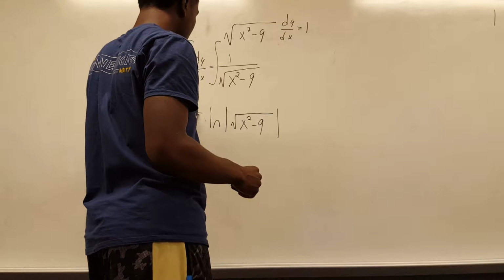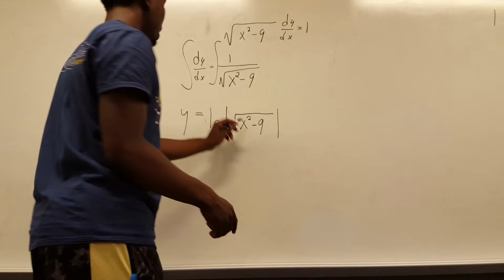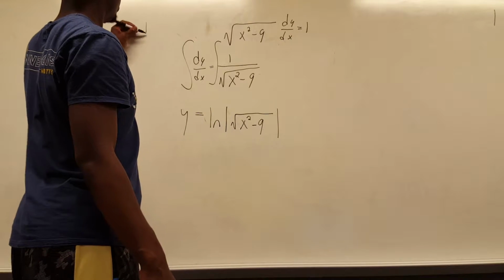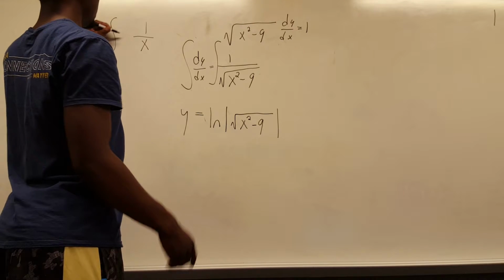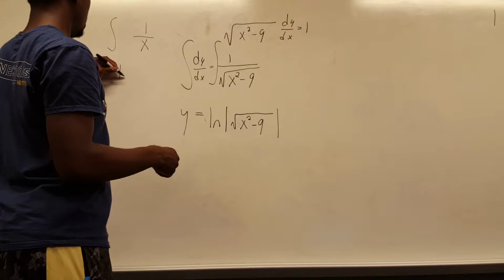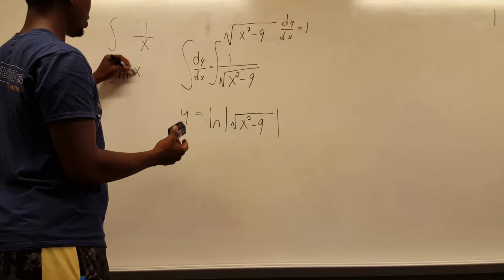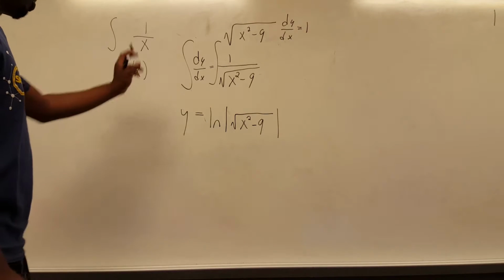is equal to y. Now, just to backtrack for a second, so you understand how I got this. The integration of 1 over anything, which I'll notate as x, is equal to the natural log of the bottom of the function, the denominator, or the x. So we're just going to do the same process here.